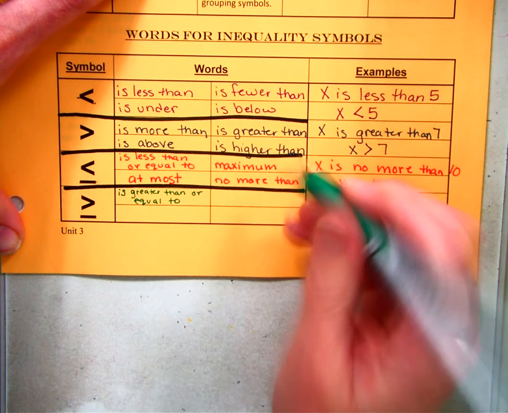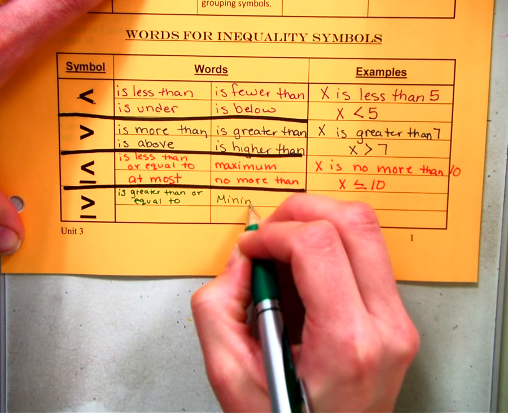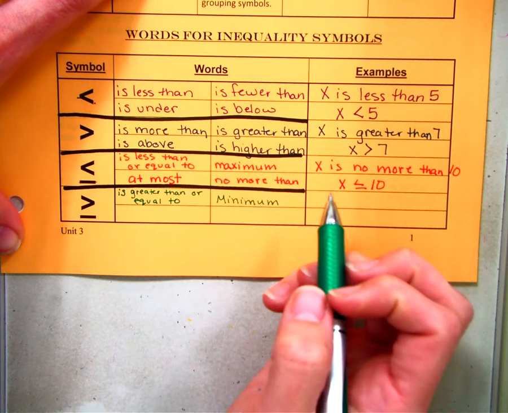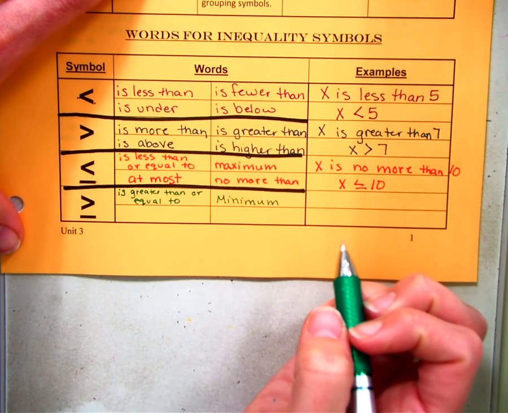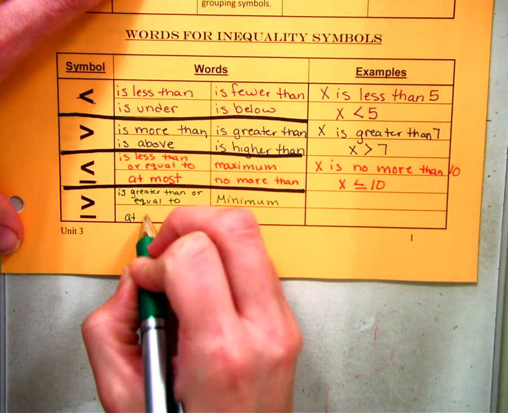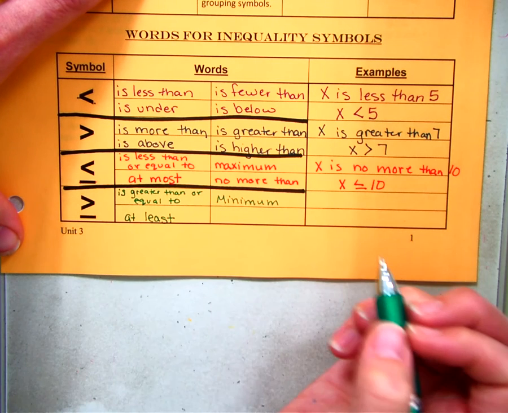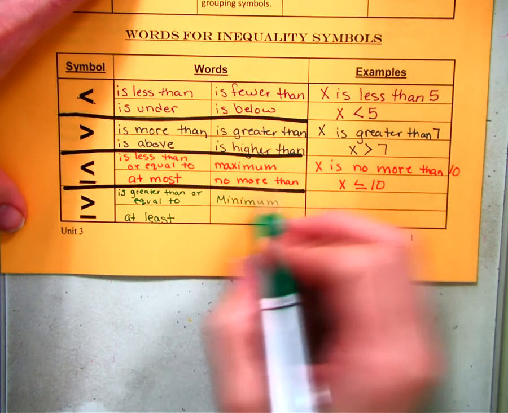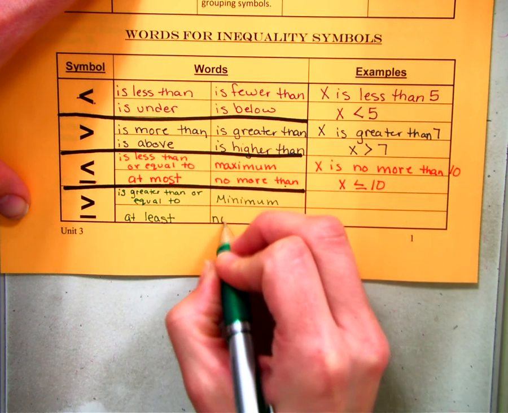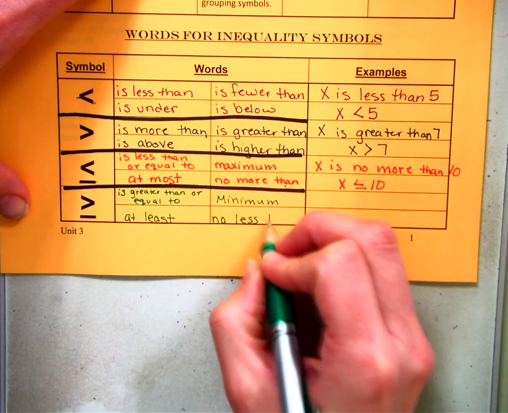The opposite of maximum would be minimum. The opposite of at most would be at least. And the opposite of no more than would be no less than.